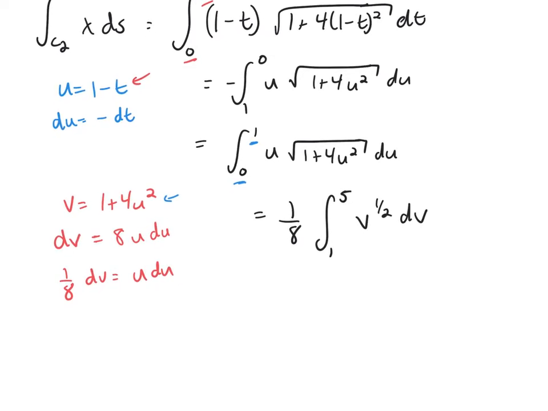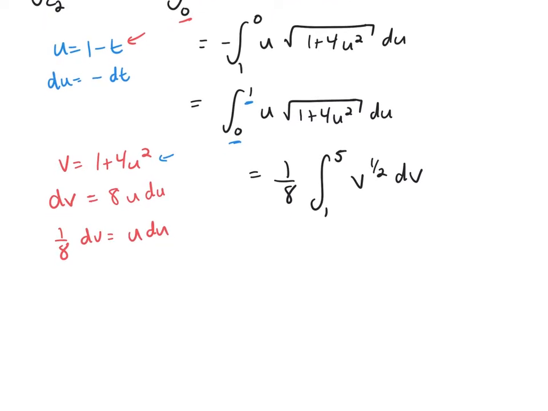And now you just need to compute this integral using the reverse power rule. This would be, let's see, v to the 3/2 over 3/2 from 1 to 5.